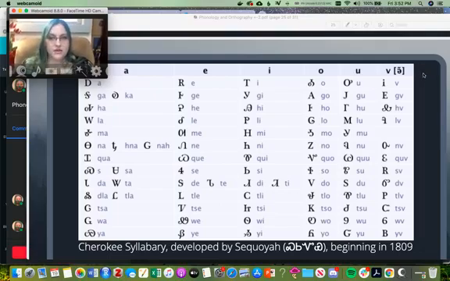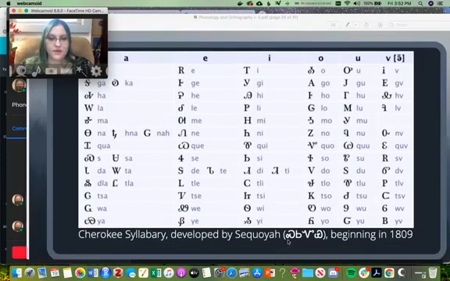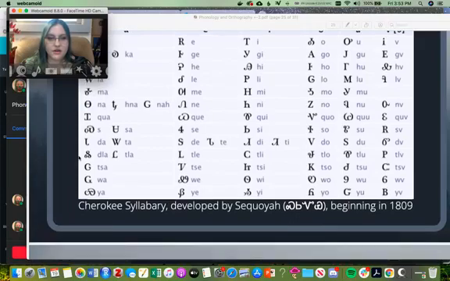So this one worked obviously very well for Cherokee. And here is Sequoyah's name in the syllabary itself. So as you can see, every syllable is represented by a single symbol. So there is a symbol to syllable correlation here.